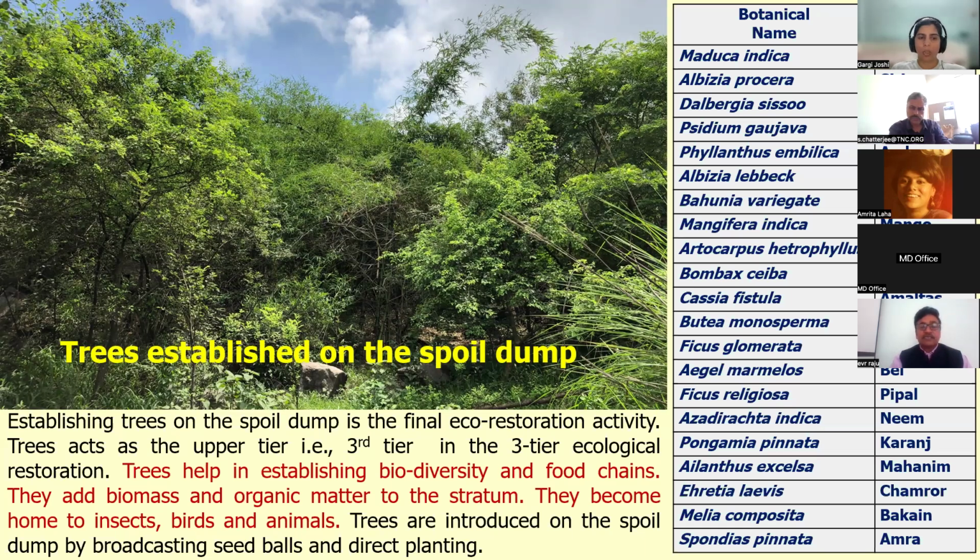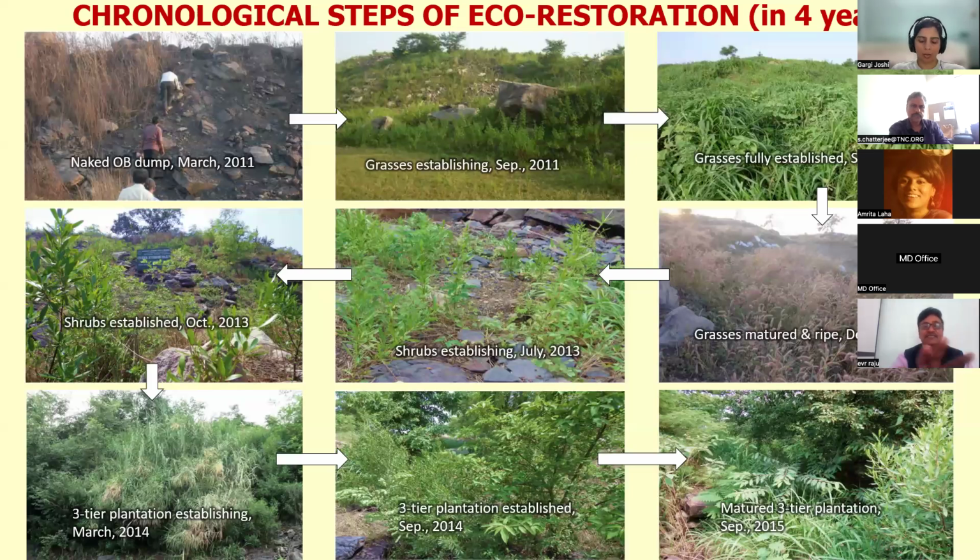This is the actual pictures with the dates I have given, month and year, showing how a naked OB dump got restored within a period of four years. March 2011 was the first project we took up. In September 2011, the grasses started coming up and matured by September 2012, within one year.